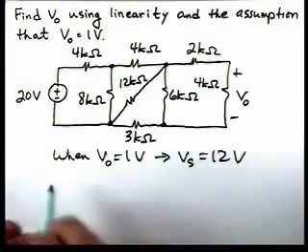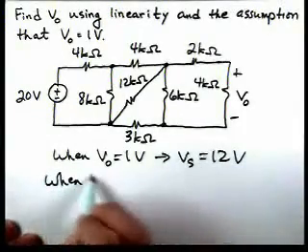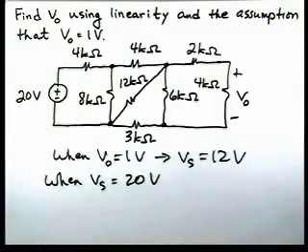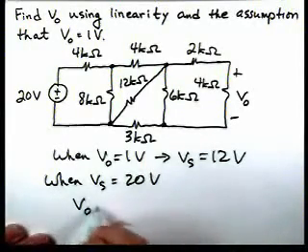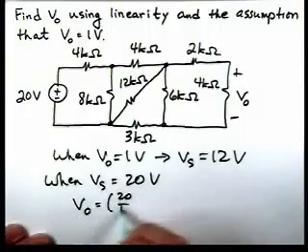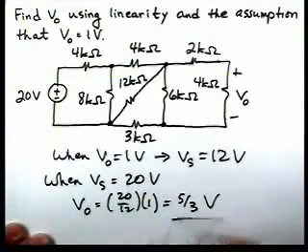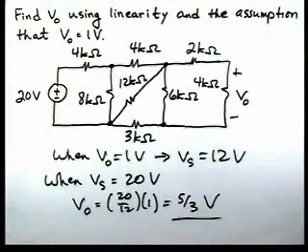So now when Vs equals 20, then what that tells us is that V0 is 20 over 12 times 1, or 5/3 of a volt. So when the input voltage is 20, that tells us that the output voltage is 5/3.